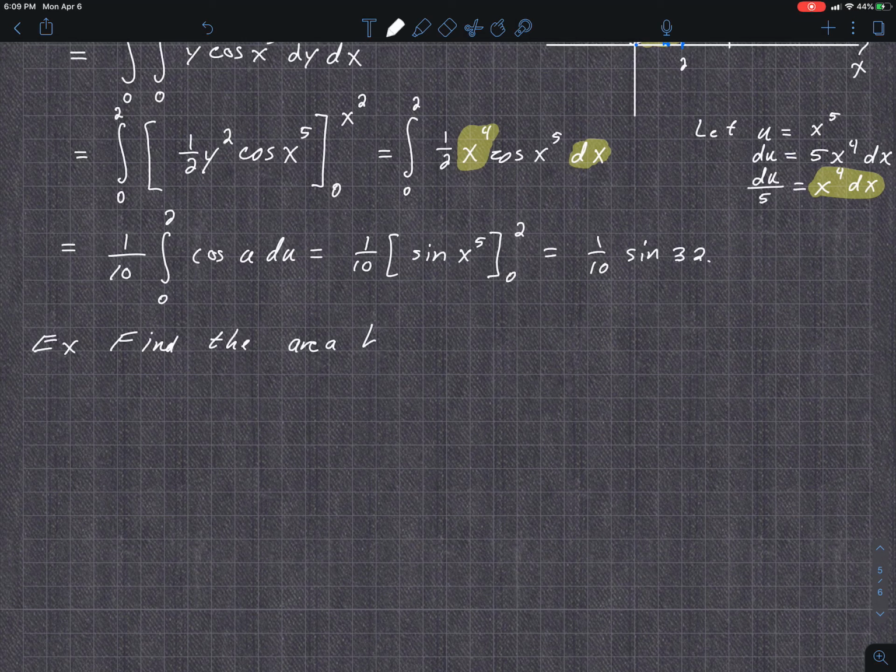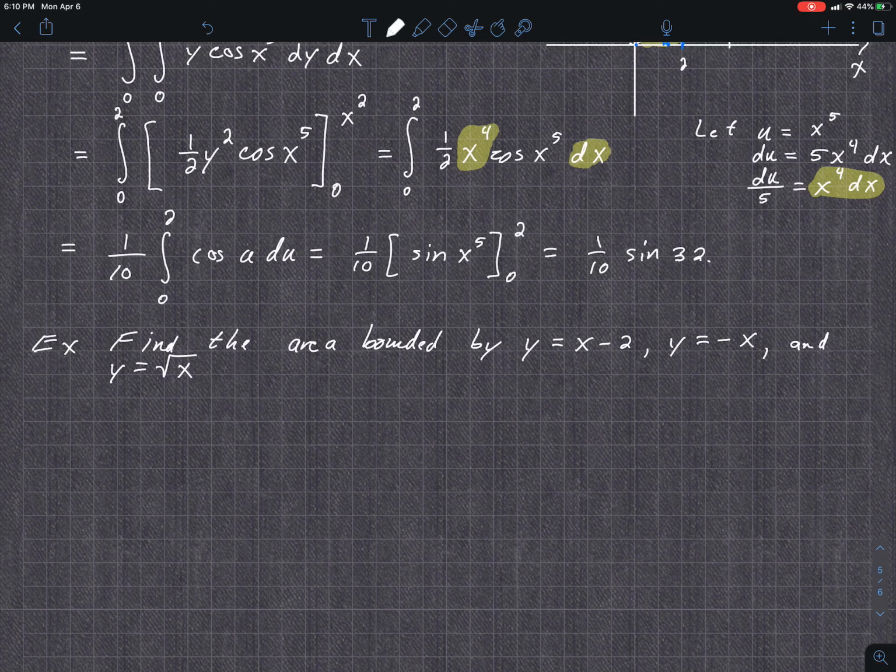Find the area bounded by y equals x minus 2, y equals negative x, and y equals square root of x.